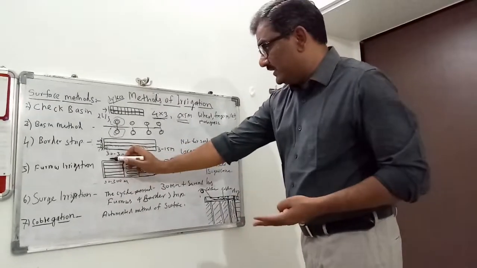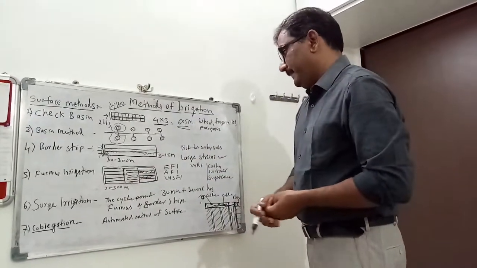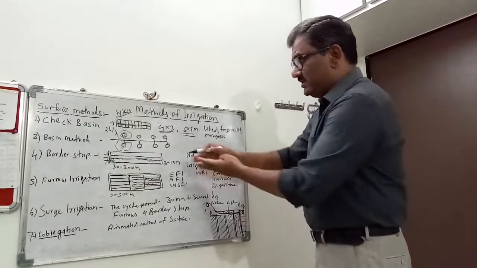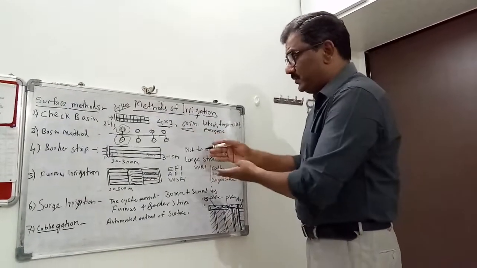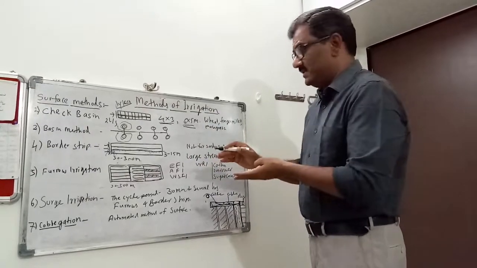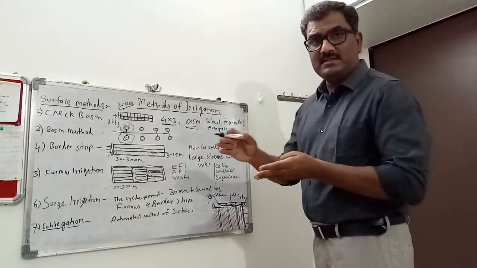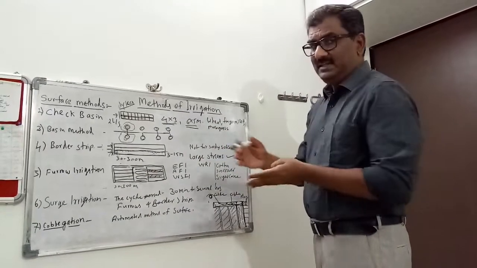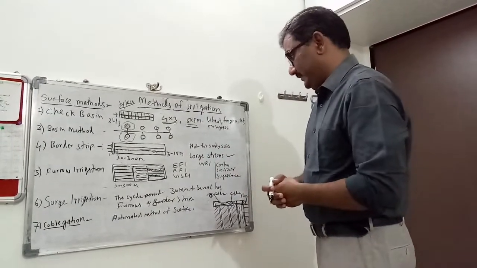Generally the length is 30 to 300 meter and the width is 3 to 15 meter. This is the extreme, but generally we use up to 60 or 70 meters in length and 5 to 6 meter in width.